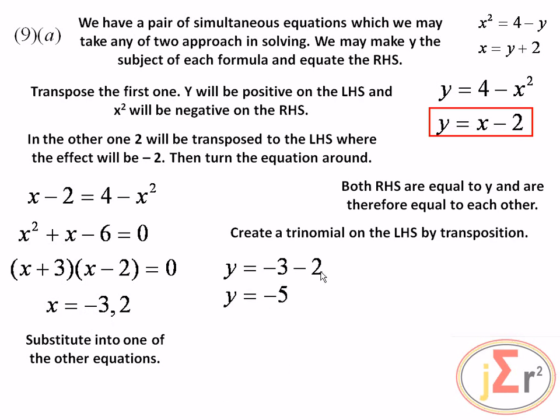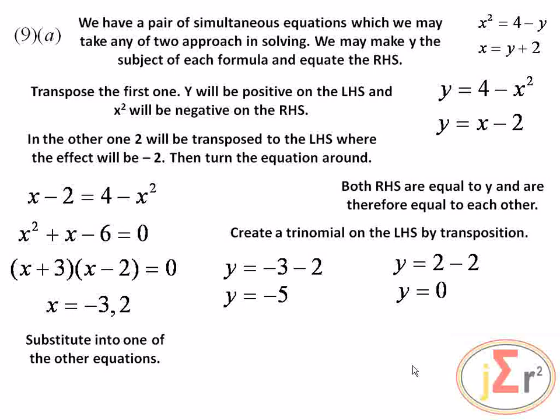Rule 2 in the manipulation of directed numbers: when we are adding numbers and the signs are the same, we add the values and the answer will take the same sign as the numbers that we have added. Then we have x is equal to 2, y is equal to 2 minus 2, that is equal to 0. So y is equal to 0.